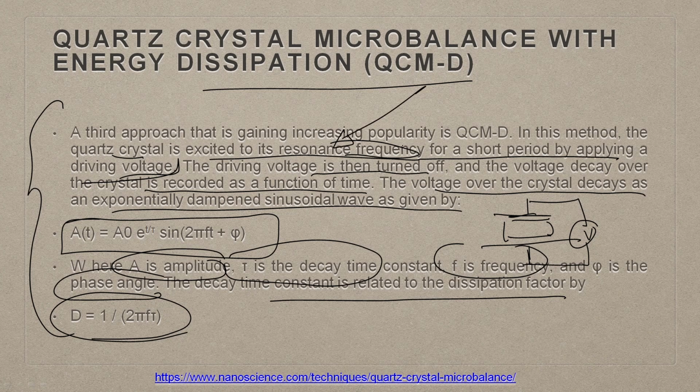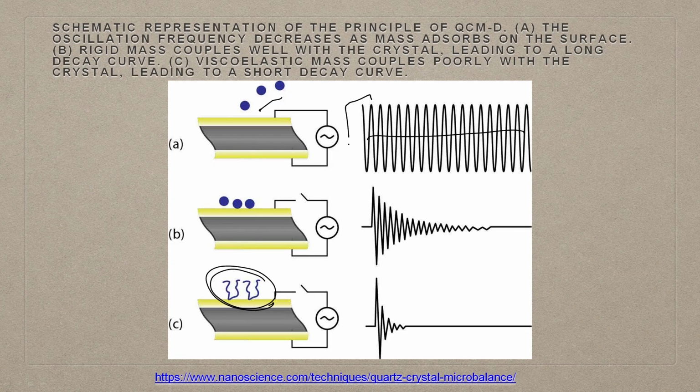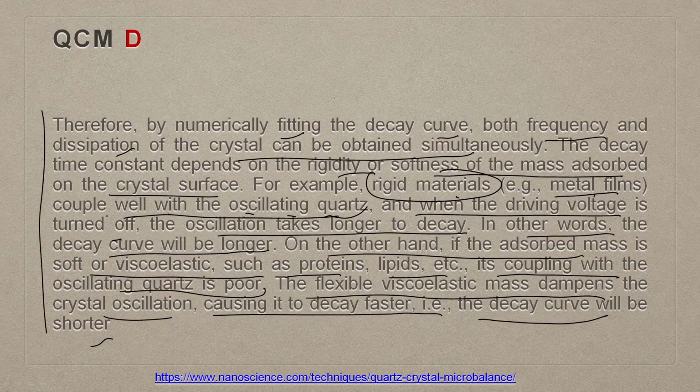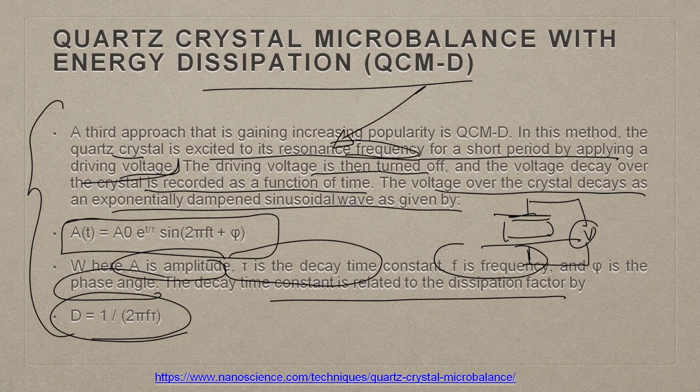Fine. If you look at this picture, it is moving at a resonance frequency. Now, what you want to see is the change of this resonance frequency, how it is coming down.